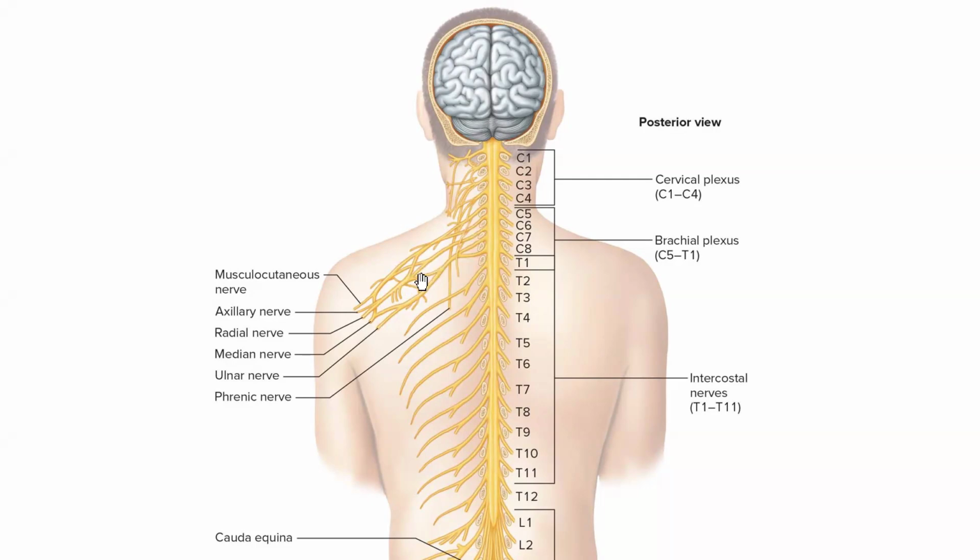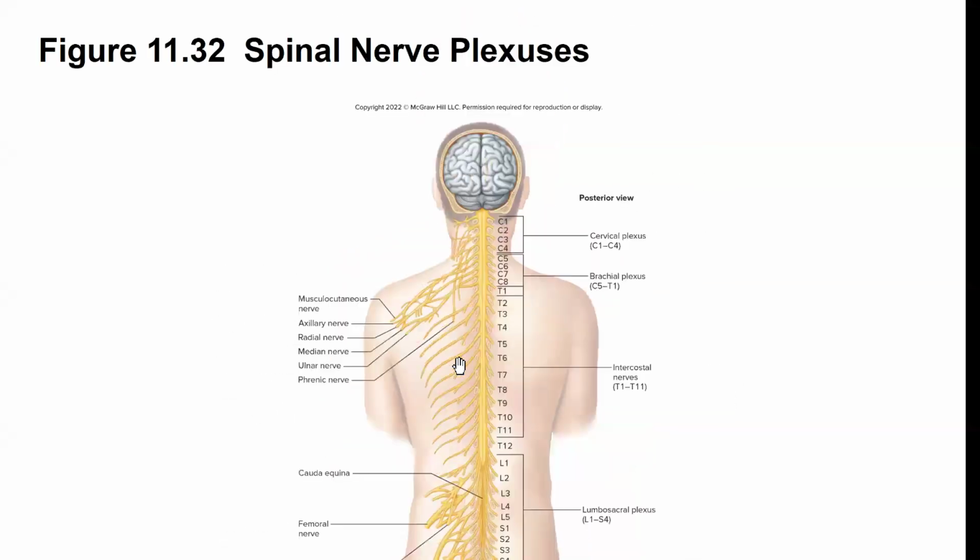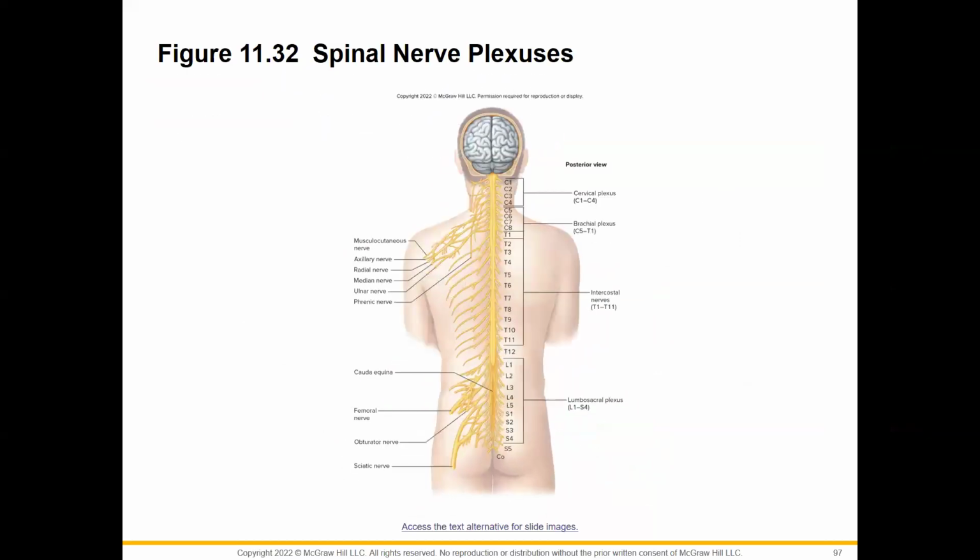So when it connects here to this one, you end up here with, say, the radial nerve that has parts of all of these nerves, or some combination of these nerves, associated with these end or terminal nerves. That is how the nerve plexuses work.